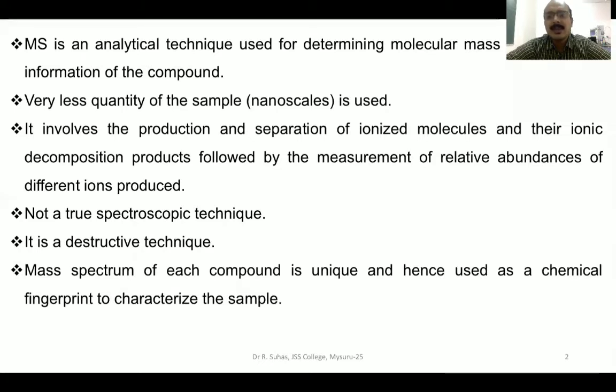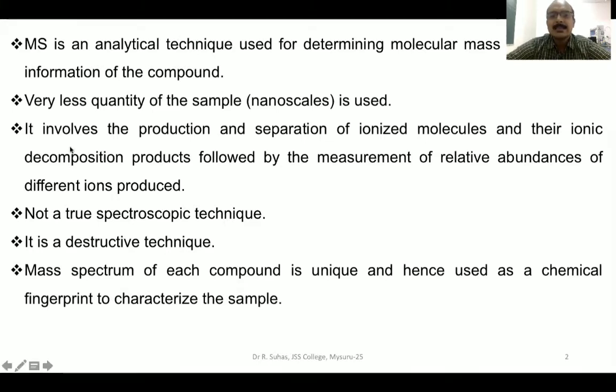And the main thing involved in mass spectrometry is production and separation of ionized molecules. Whenever you have a molecule, you have to subject it to ionization. After ionization, the product undergoes decomposition. You have to measure the relative abundances of the different ions produced in the mass spectrum.